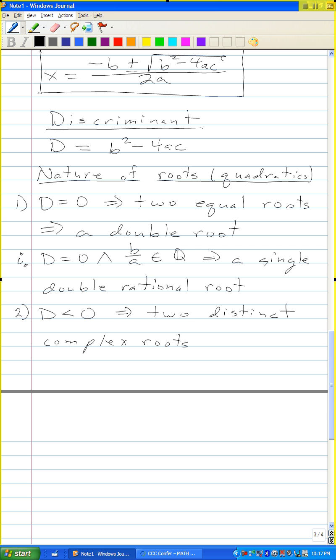Basically, in any case, you're going to have some sort of complex root. And since you're adding and subtracting something that's not zero, you'll actually have two complex roots. And it turns out that they'll be complex conjugates of each other.